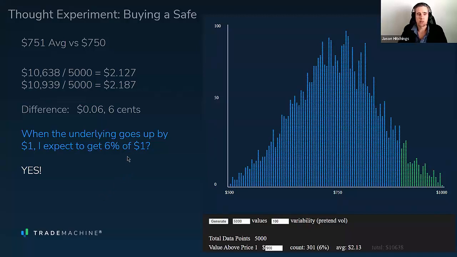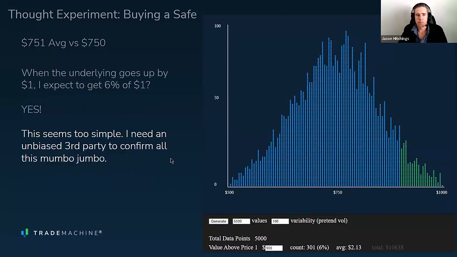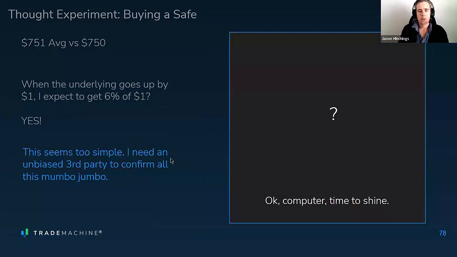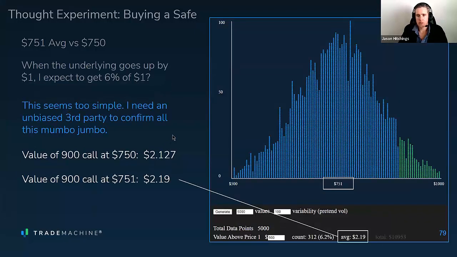It is. We had a 6 delta option, and when we increased the value of the underlying by $1, the value of our option went up by 6 cents. If that seems too cute, well, let's make the computer do it and see if I'm full of nonsense.